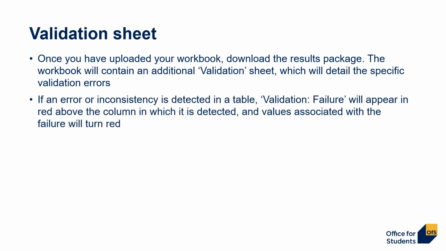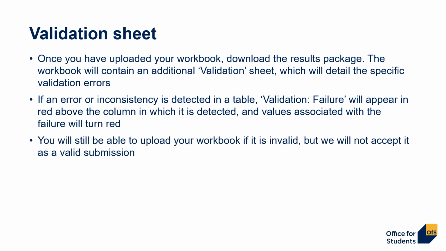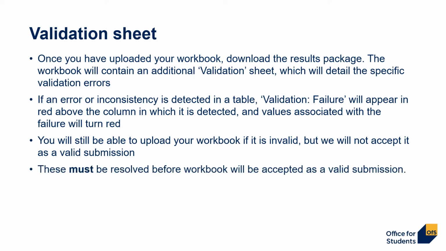Validation errors will also be flagged in the tables in which they occur, with the relevant values turning red and validation failure appearing above the column. While your workbook can still be submitted if it's invalid, we will not accept it as a valid submission. The errors that are being triggered must be resolved before the workbook will be accepted as a valid submission.